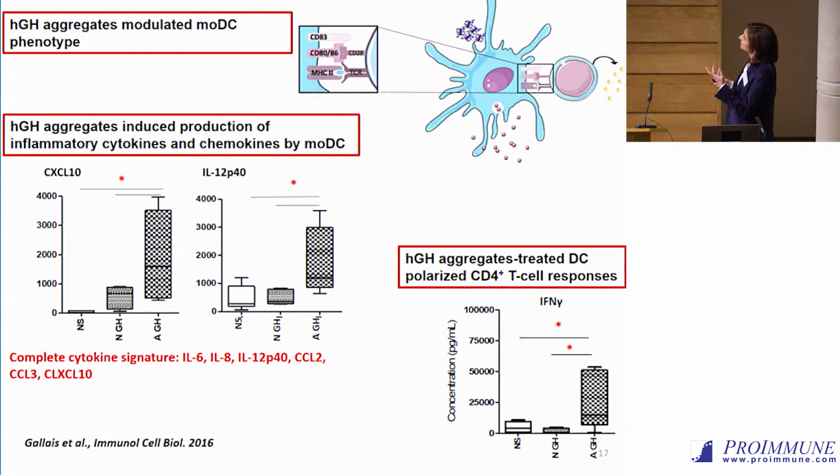To show that these activated dendritic cells were able to induce further specific immunogenicity, we performed some co-cultures with allogeneic T cells. And we were able to show that these CD4 T cells were able to proliferate and to mostly secrete interferon gamma, which is a Th1 profile.